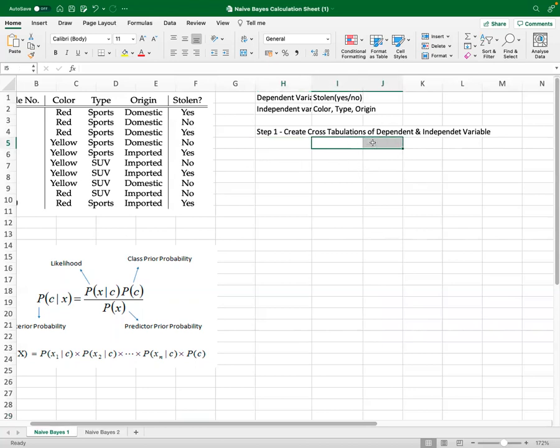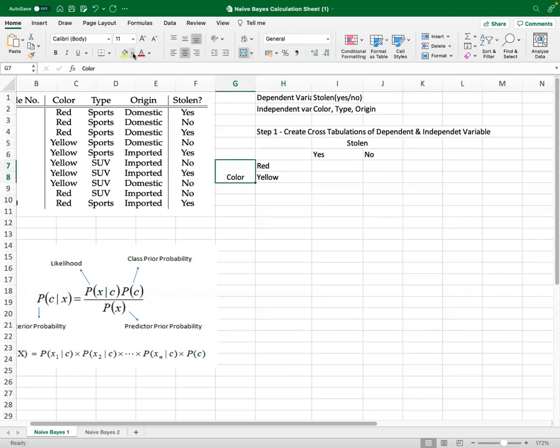Now, let us say we are trying to create the first cross tabulation between stolen, which is yes and no, and the first variable would be red color and yellow color. So we are doing it on color.